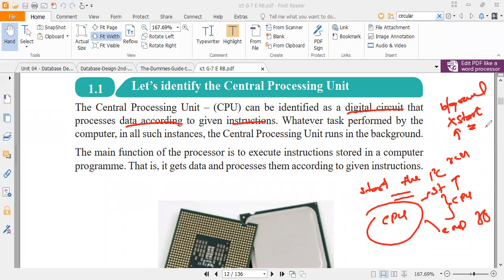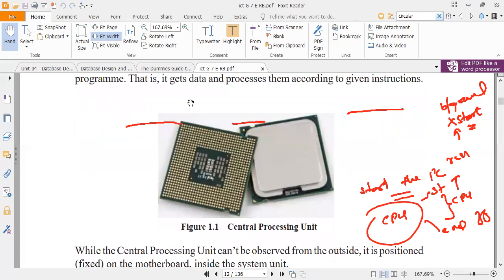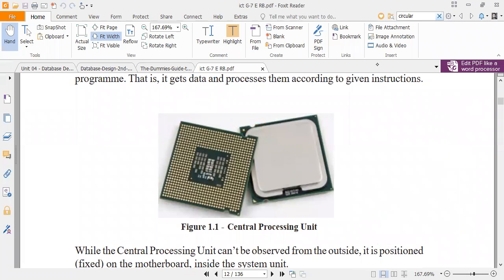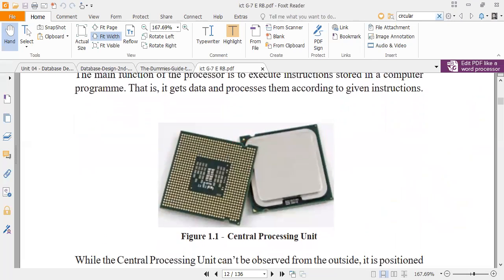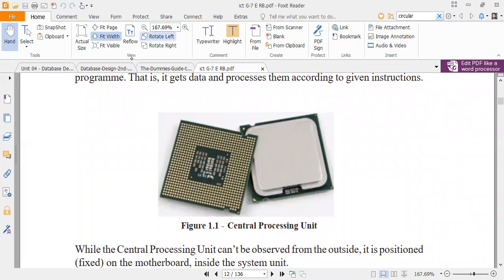Sorry. So you can see now how the central processing unit looks. As I said earlier, it's a small square shaped hardware item, about 2 inch by 2 inch. You can see small needle-like pins.